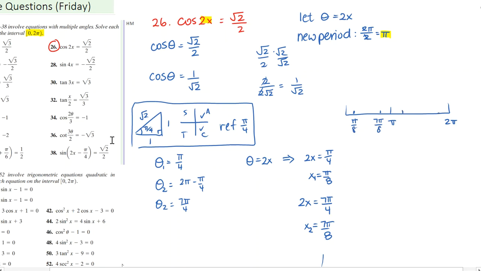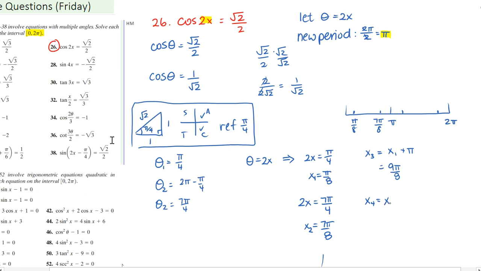We need to then find the two solutions that would fall between pi and 2 pi. To do so, to get our third and fourth possible angles that are solutions between 0 and 2 pi, we basically add pi to each of these. So it would be x1 plus pi. In this case, pi over 8 plus pi, which will then give us 9 pi over 8.